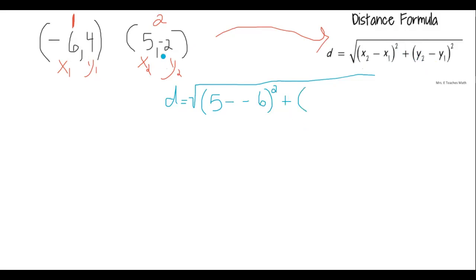Well, it's clearly labeled, so it's easy for me to find it. -2 is Y2. Substitute that in right here. Back to my formula. It says minus, I put minus. Back to my formula, Y1. Y1 is 4. 4 goes in. Parenthesis, parenthesis. Exponent of 2, exponent of 2.